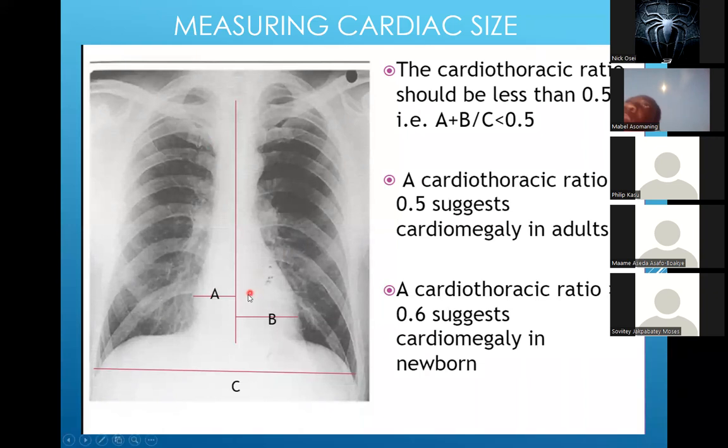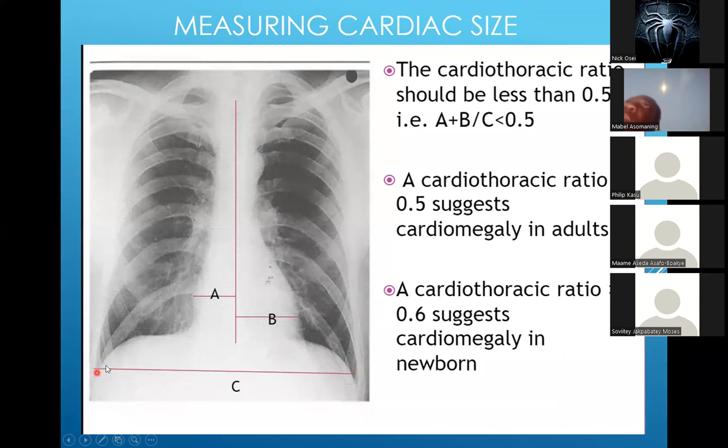Can you see my cursor again? Very important. Take note. Last year, they did get this in exams. So what you do, if you want to calculate the cardiothoracic ratio, is that first of all, you take your ruler and then measure the largest diameter of the thorax. Usually the thorax is largest at the ends of the diaphragm.